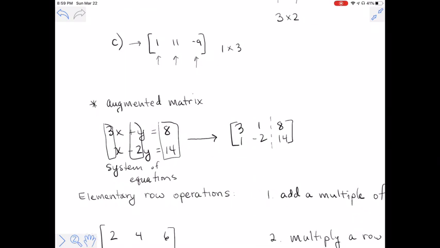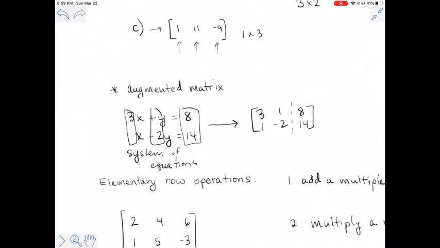Now, when we have an augmented matrix, we perform what are called elementary row operations in order to start solving the system of equations within the matrix. And something to note, these are called elementary row operations because they pertain to a row of a matrix.